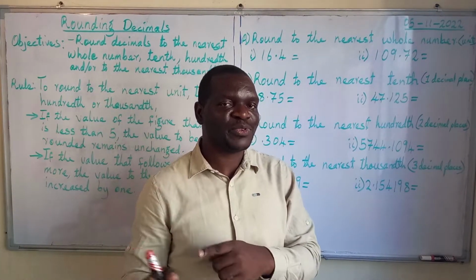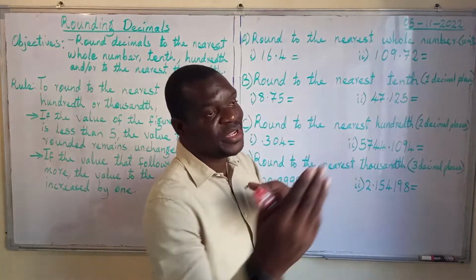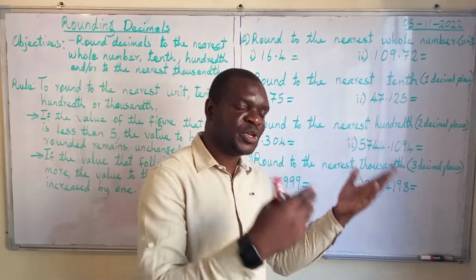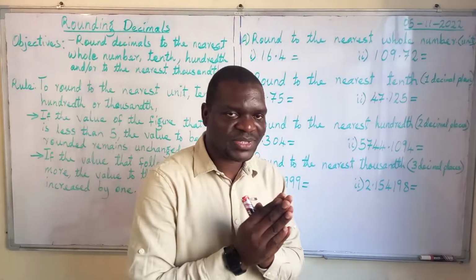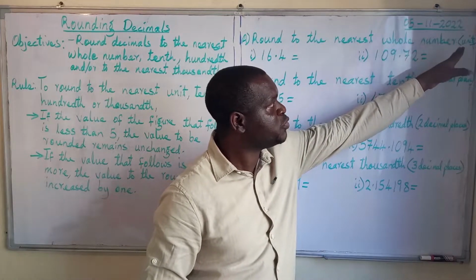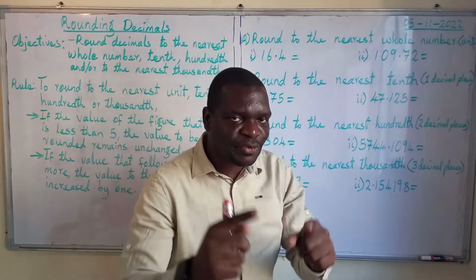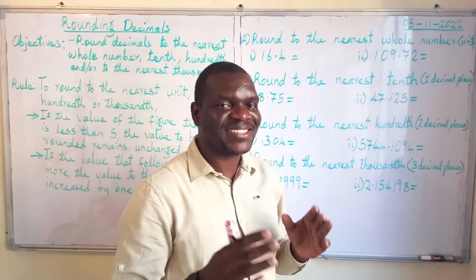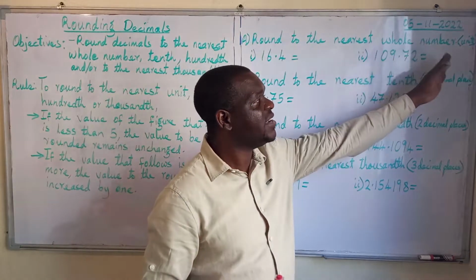Do not get confused when they ask you to round to a number of decimal places, or to a tenth, a hundredth, or a unit. They are synonyms. Remember, the first one in A, we are rounding to the nearest whole number or to the nearest unit. Therefore, our answer should not carry a decimal point. That's the meaning of rounding to the nearest unit.